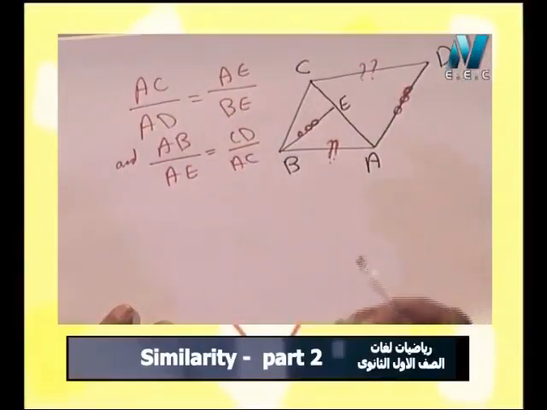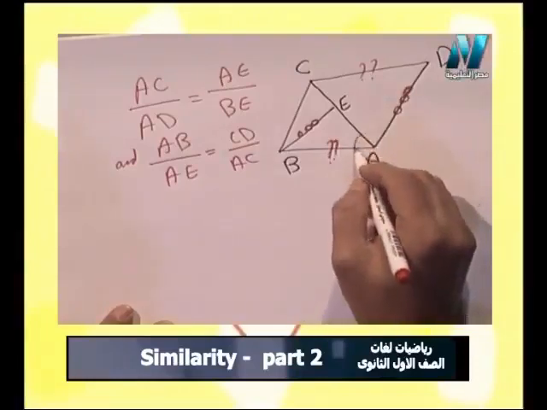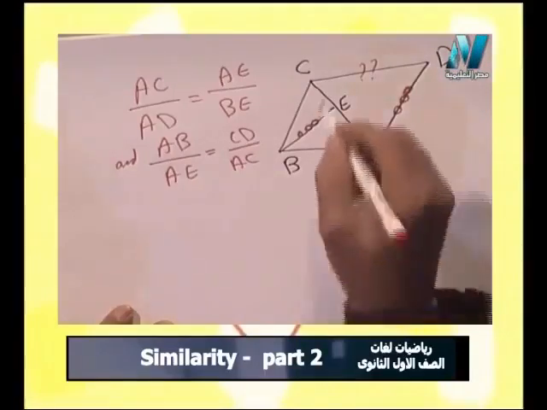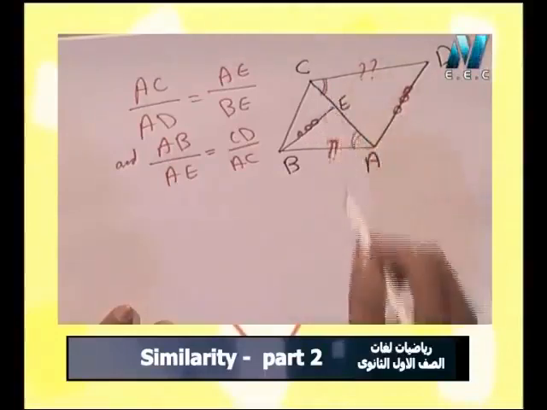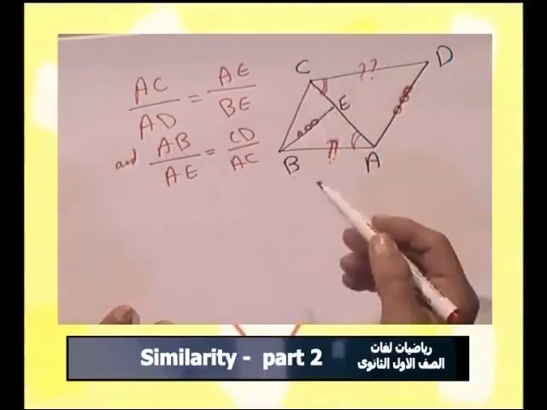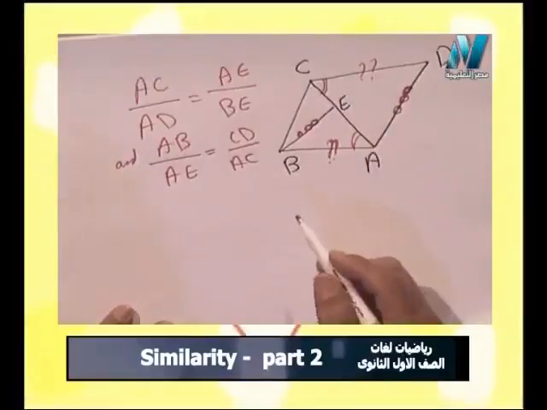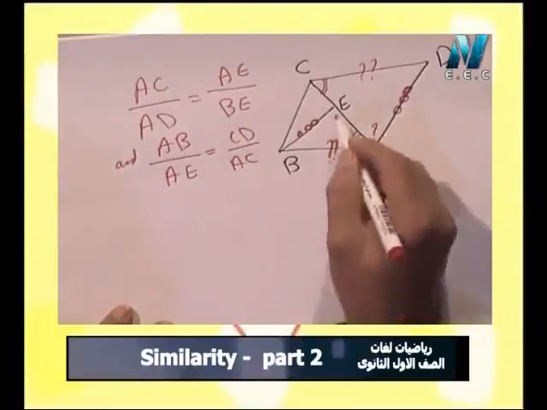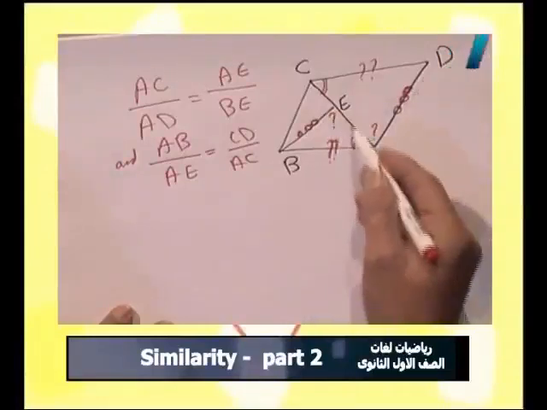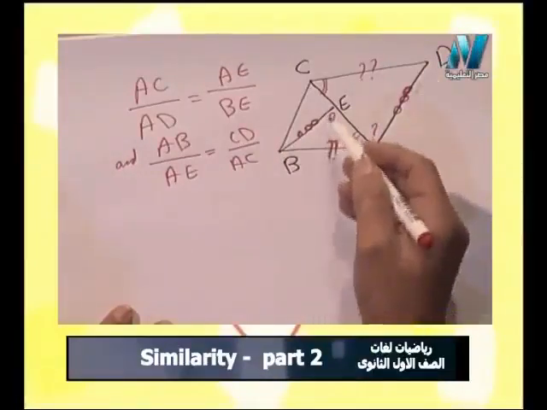When two sides are parallel, if we could prove that this angle equals this angle, and they are alternate, then we will prove easily that BA is parallel to CD. And if we prove that this angle equals this one and they are alternate, then we will easily prove that DA is parallel to EB.